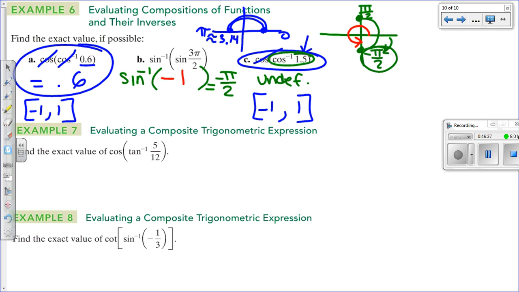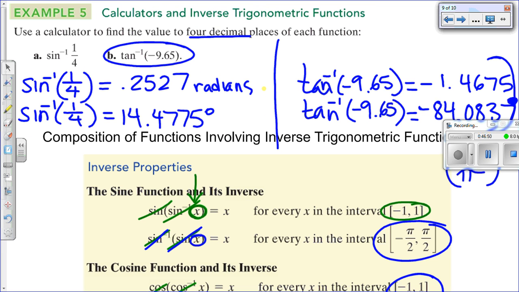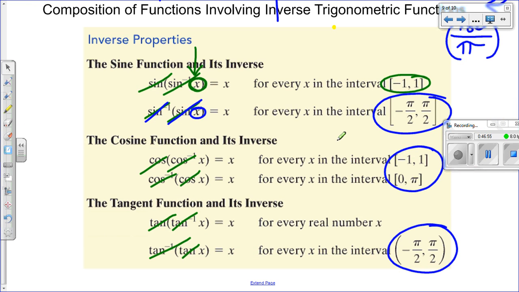All right. The last three problems, we have to draw something on them. And so, going back to how do you know if you can cancel? Let me show you quickly. You can only cancel if the question has sine inverse inside, and that x needs to be between -1 and 1.